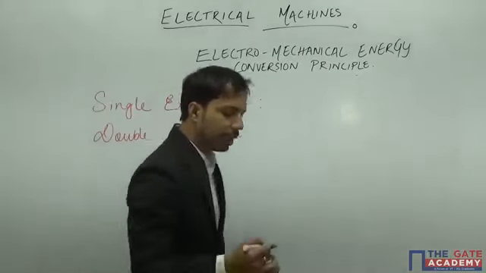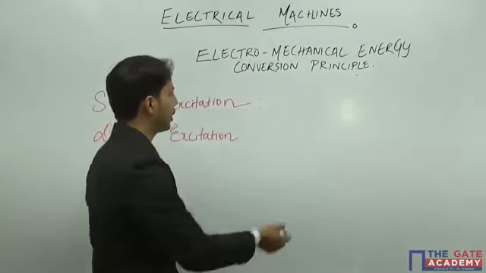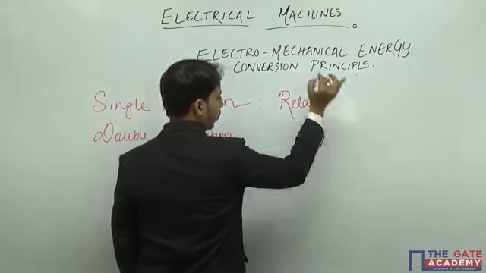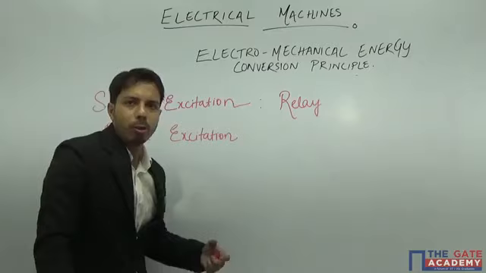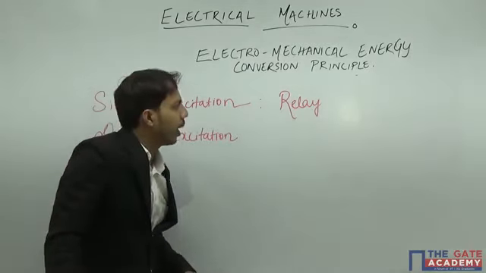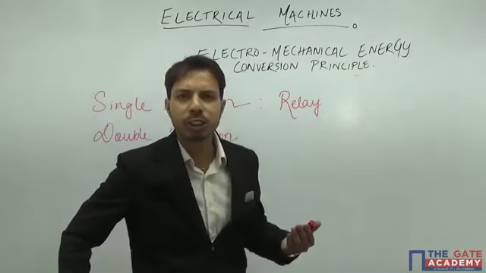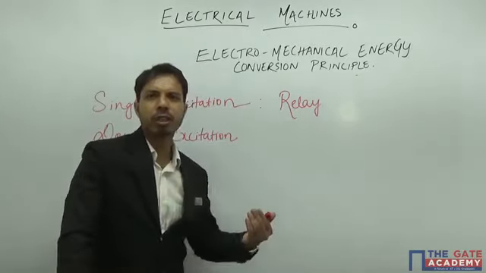A simple example of single excitation is a relay. In a relay, we take an electromagnet and make sure that the mechanical force is produced due to the path of the flux.